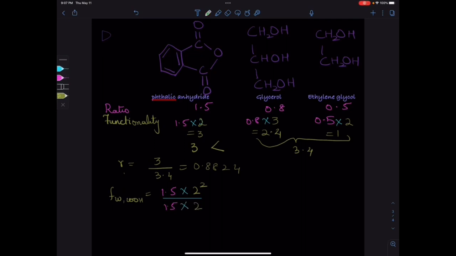And for the hydroxyl group, it would be 0.8 times 3 squared plus 0.5 times 2 squared, over 0.8 times 3 plus 0.5 times 2.